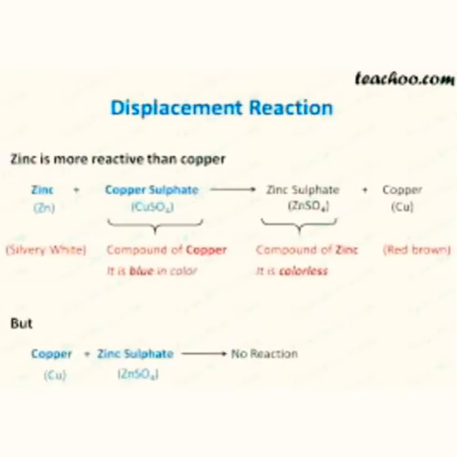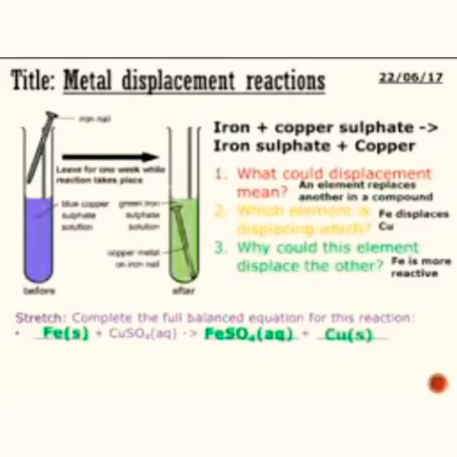According to activity 4.8, we have taken copper sulfate and zinc metal in beaker A. So what happened during the reaction? Zinc is more reactive than copper. So zinc displaced copper and we got zinc sulfate and copper. Similarly, in beaker B, we have taken copper sulfate and iron nail.